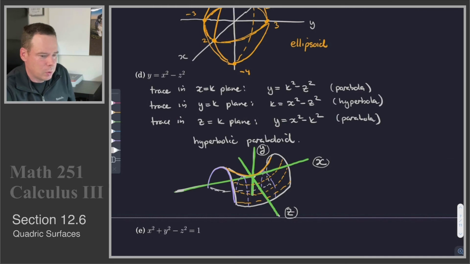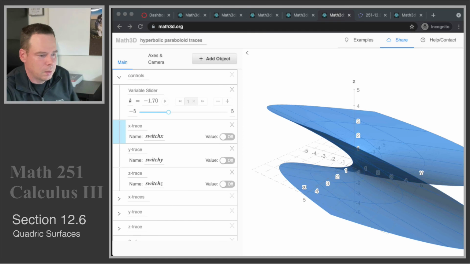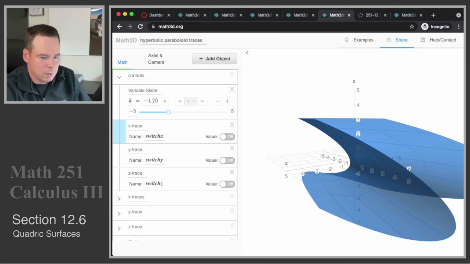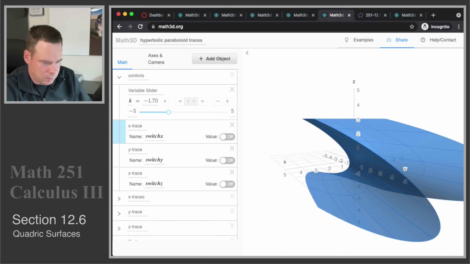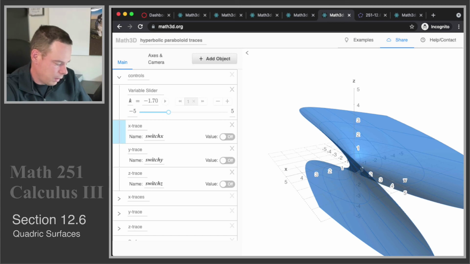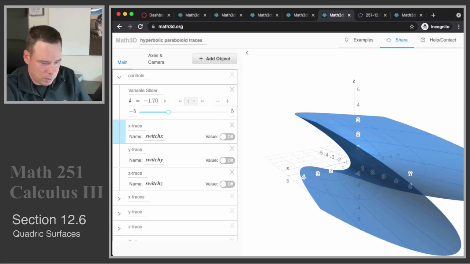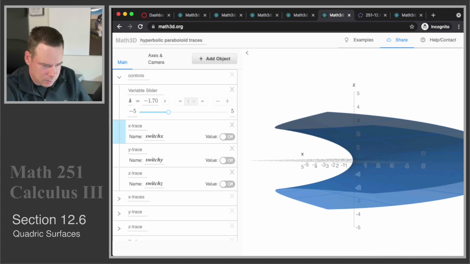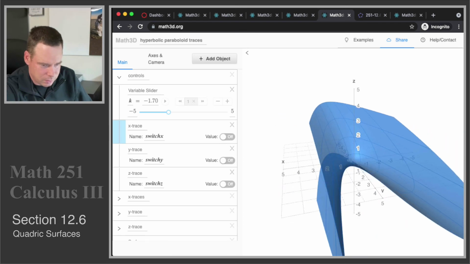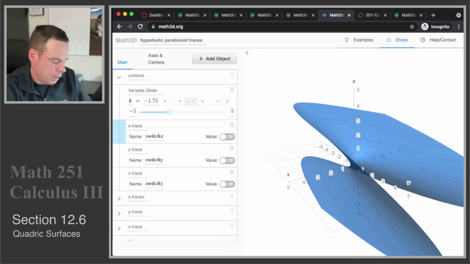So I am going to go ahead and bring up a graph of this equation, y equals x squared minus z squared. See the x-axis coming out of the page here, the y-axis off to the right, the z-axis going up. And what we've done is we've done these various traces. So what's the trace in the x equals k plane?